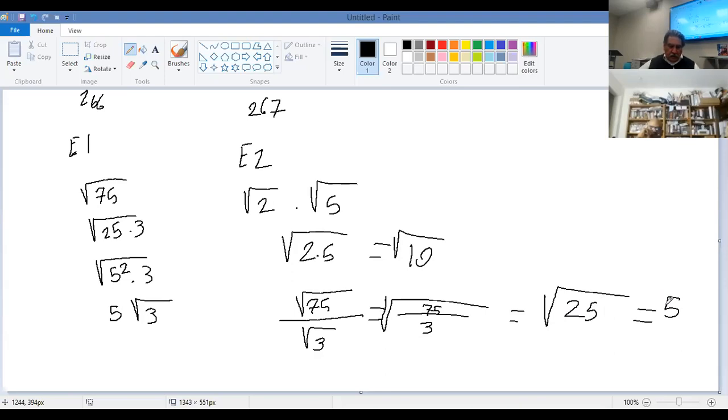Okay, let's do example 4 on page 268. We have 7 square root of 2 plus 5 square root of 2.